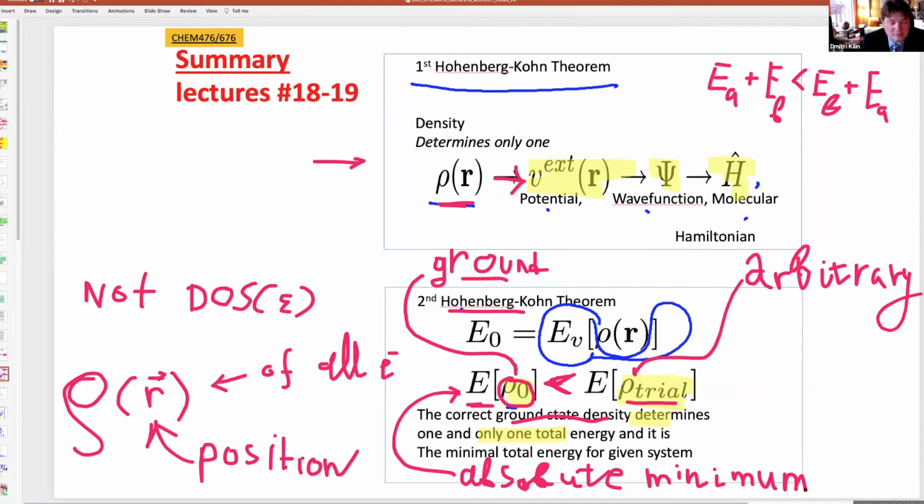And then knowing that should tell you a lot of other things about the properties.